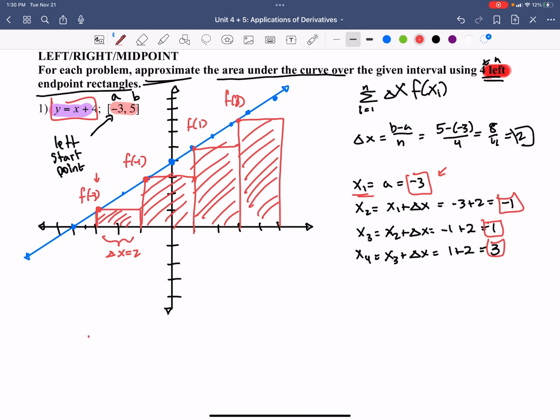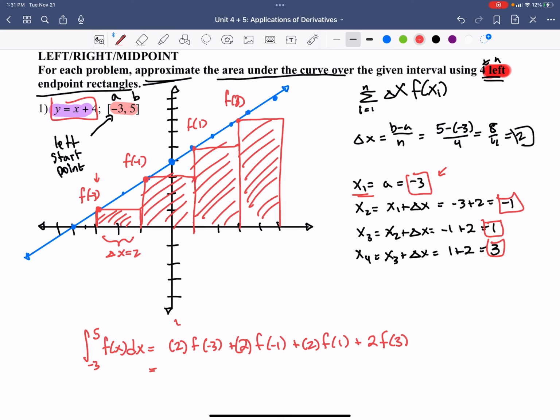So the integral from a to b, from -3 to 5, of f of x dx is going to be equal to delta x, which is 2, times f of -3, plus 2 times f of -1, plus 2 times f of 1, plus 2 times f of 3, right?